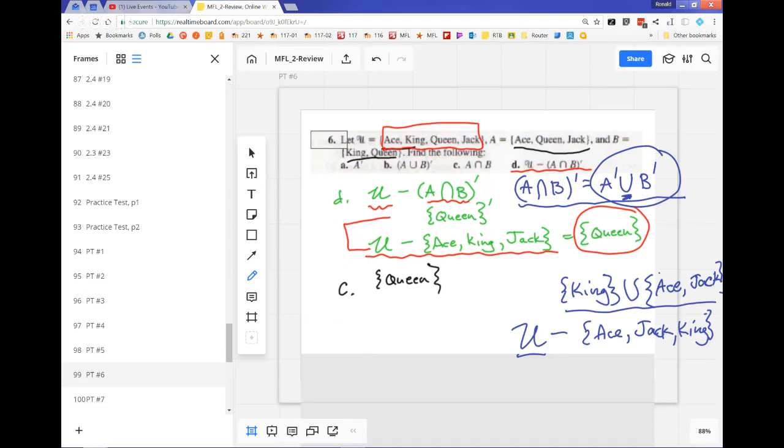And what's the complement of everything? The empty set. Yeah, you're right, you are correct for part B. I just happen to only have two parts of the problem written down right now.